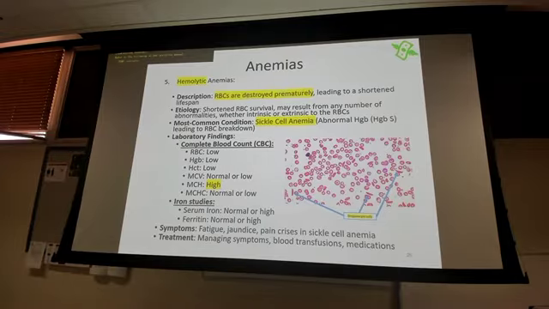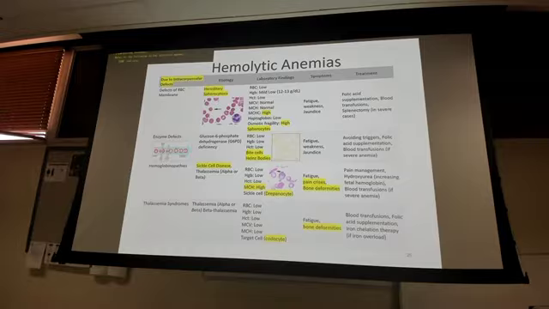Okay. So a defect of the red blood cell membrane is called hereditary spherocytosis. And that just means that the RBCs don't have that soft pallor in the middle. It's just like a pink circle in there. And the MCHC is high. So it has a really high hemoglobin concentration on here.